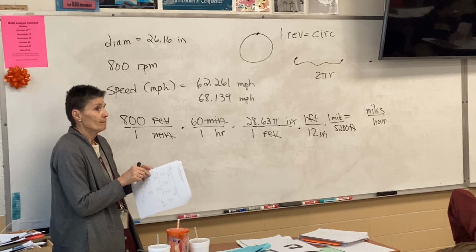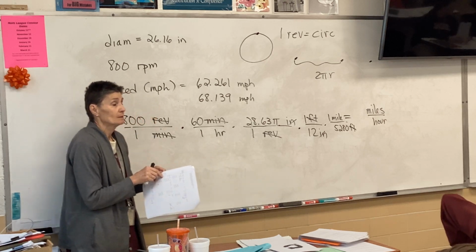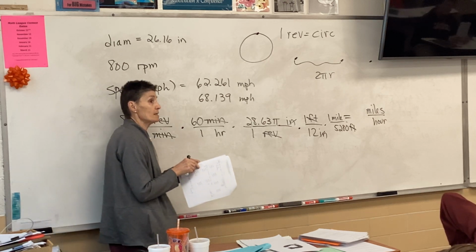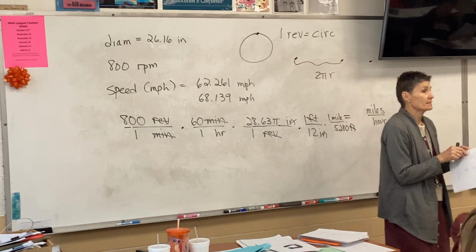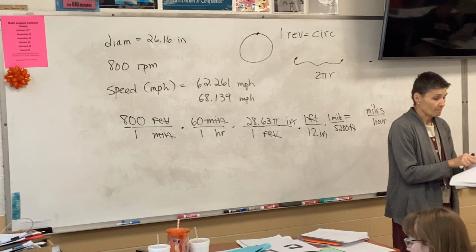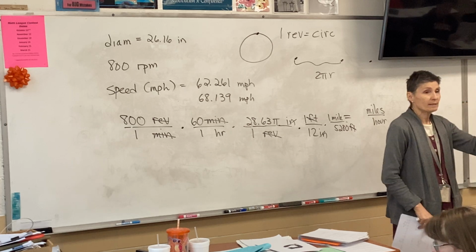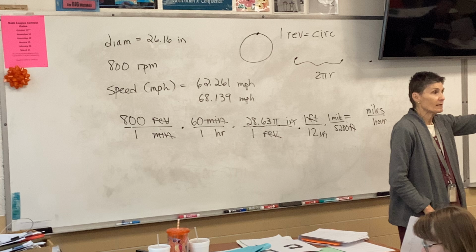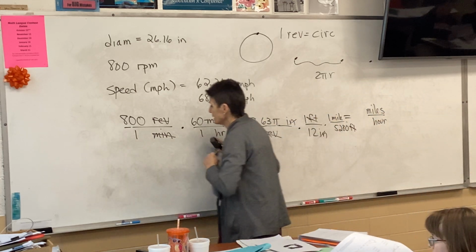They're both 800 revolutions a minute, so the bigger tire is covering more ground in the same amount of time. Last opportunity. Everybody getting 68.139? All right, we're going to problem I now.